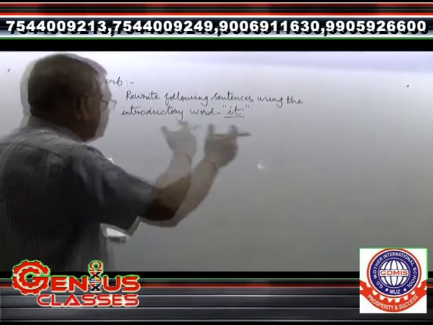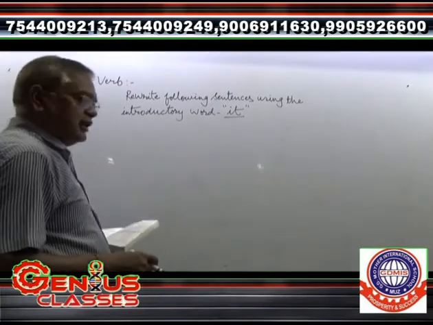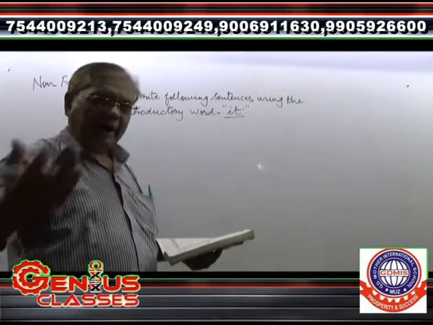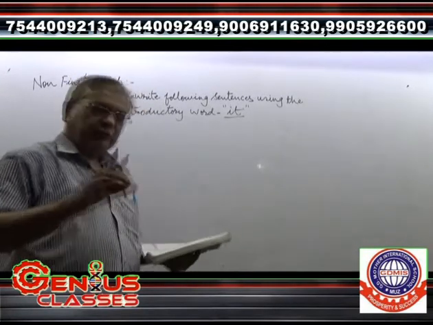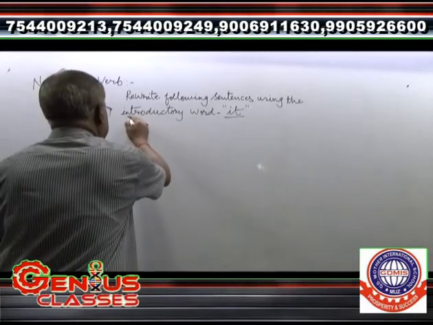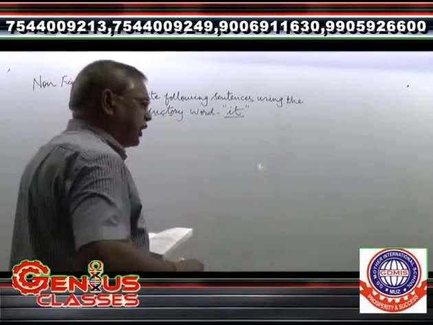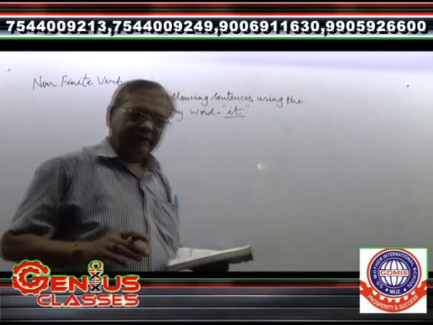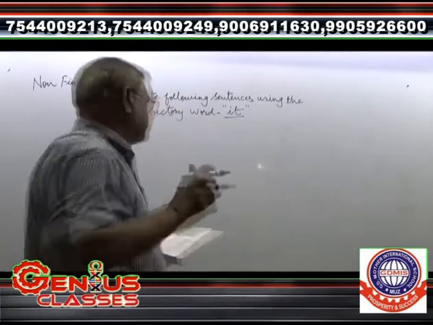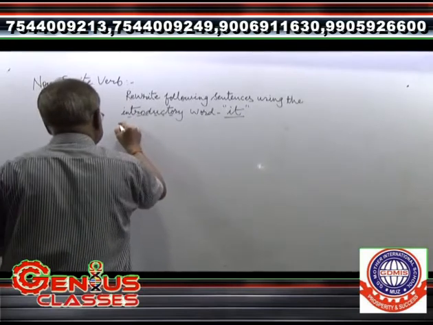This means again that you have to rewrite the sentence. I shall give you the sentence without it. Now you have to change it by adding the word it first of all. This is by giving the introductory word. It means giving an introduction with it. One example can be quoted over here.